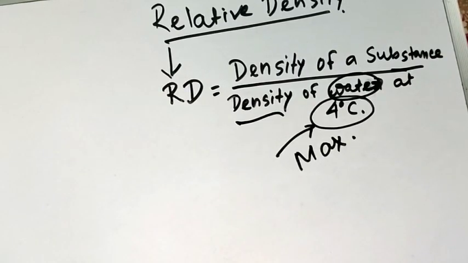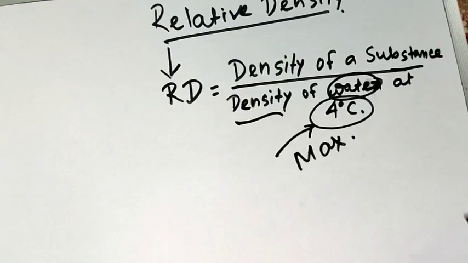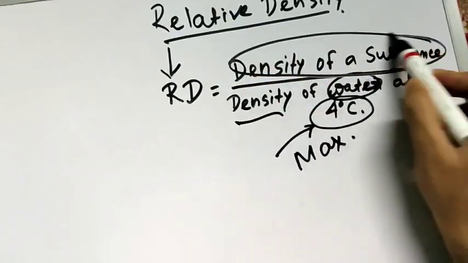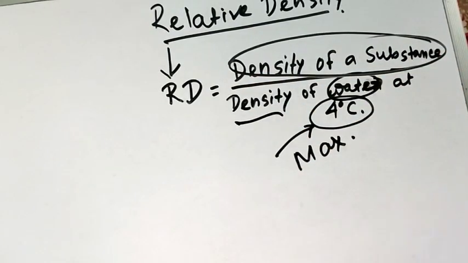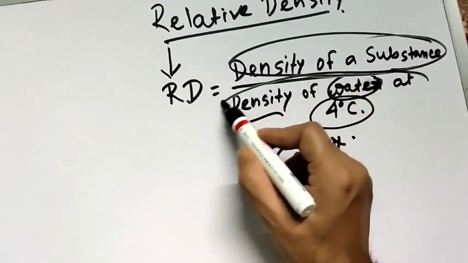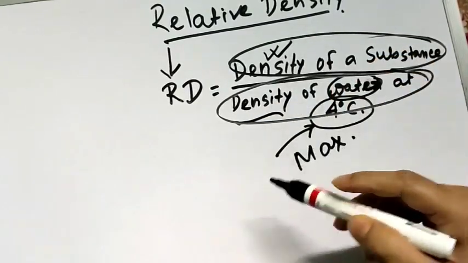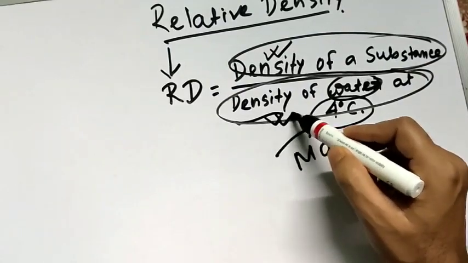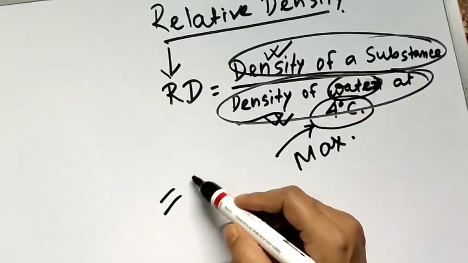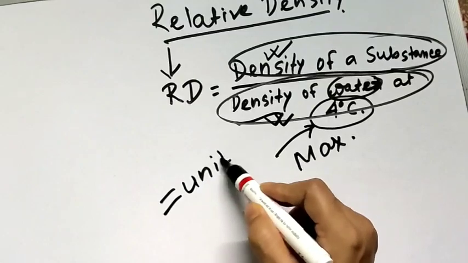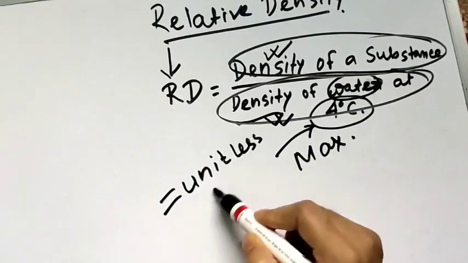Now let's talk about the unit of relative density. What would be the unit of relative density? See, density of a substance in the numerator and density of water in the denominator. So the unit of density in the numerator and the unit of density in the denominator, that means it becomes unitless. You know why?